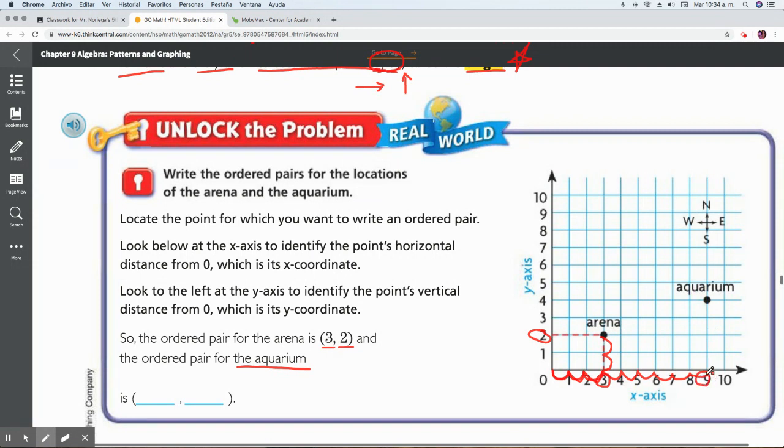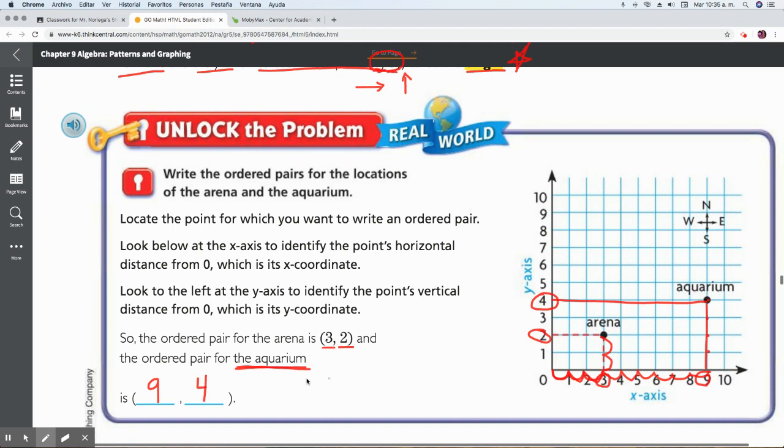So my first number in the ordered pair for the aquarium is 9. To find the second number, I need to count how many steps I went to the top, walking on the y-axis, which is this vertical line right here. 1, 2, 3, 4. So the second number in my ordered pair is 4. And this is the ordered pair for the location of the aquarium.